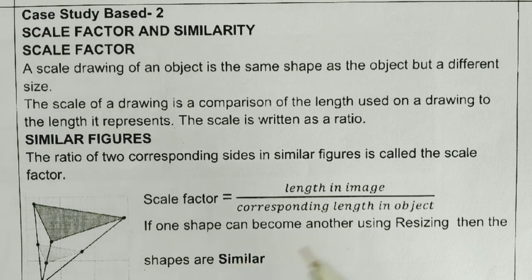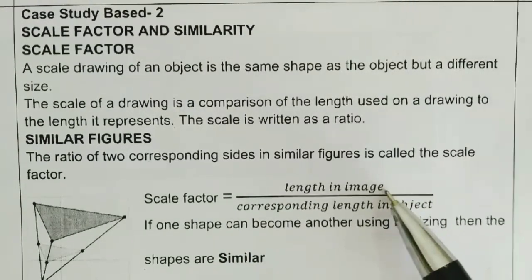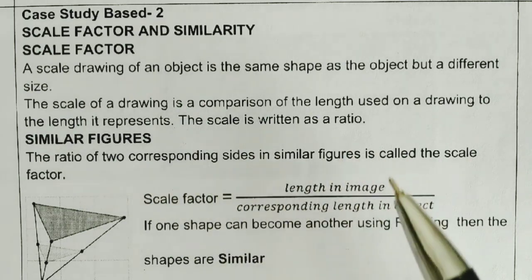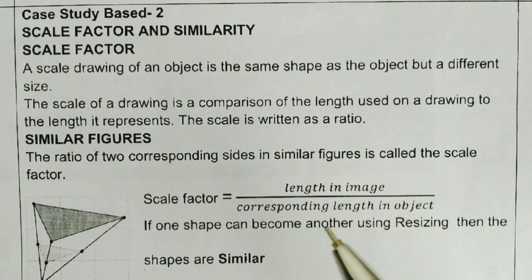So scale factor would be the length which is there in the image upon the corresponding length in the object. That ratio would give you the idea for scale factor. We will talk about it in detail. So let us begin with the first question, first sub part which it has.